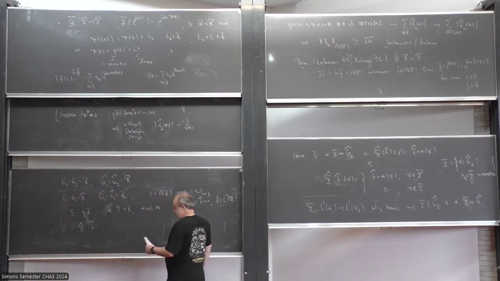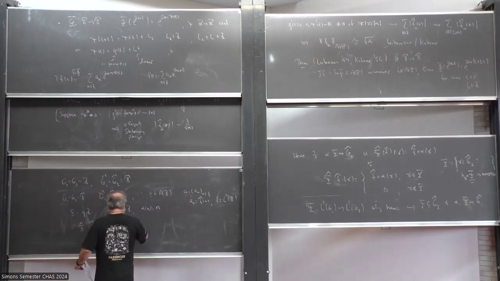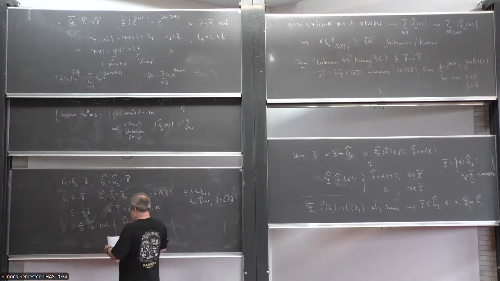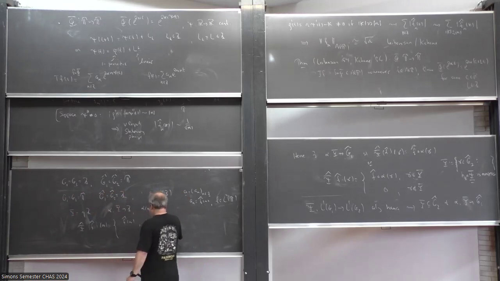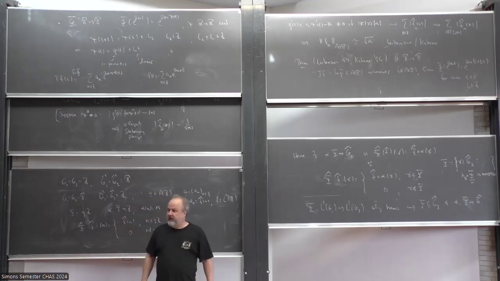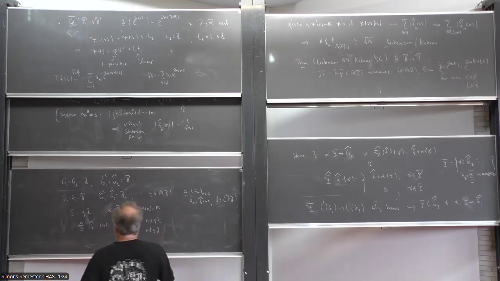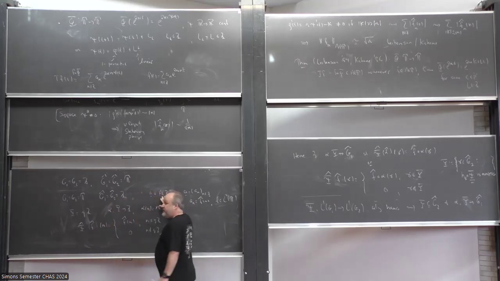I'm just going to define this now to be just f hat of n, the Fourier coefficient of f, whenever n is a multiple of q, and I'm going to define it as 0 if n is not a multiple. That easily defines an algebra homomorphism from A of Z into itself.